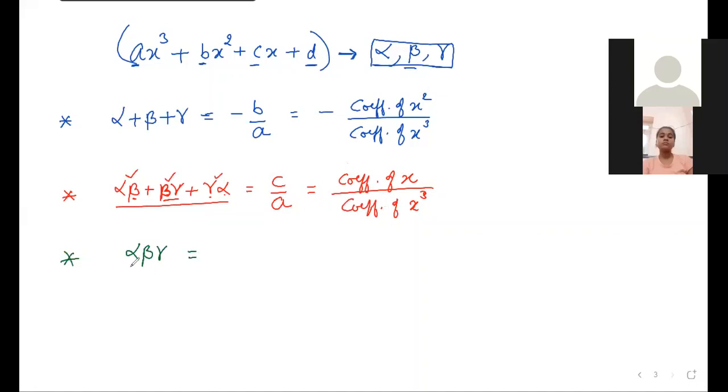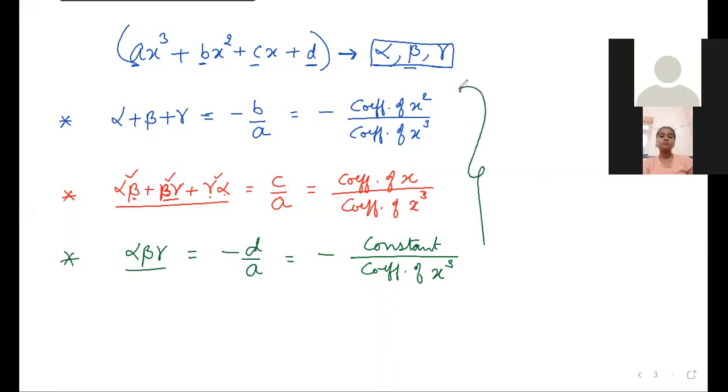The product of all the three roots together is always equal to minus d upon a, that is minus constant upon coefficient of x cube. So these are the three relations which are there in a cubic polynomial.